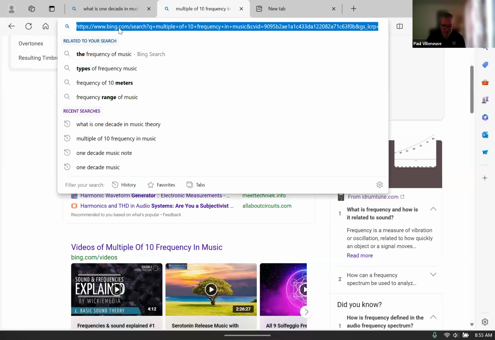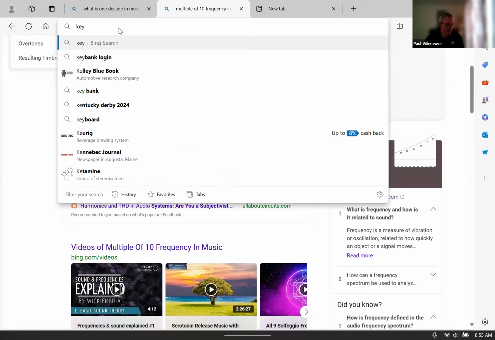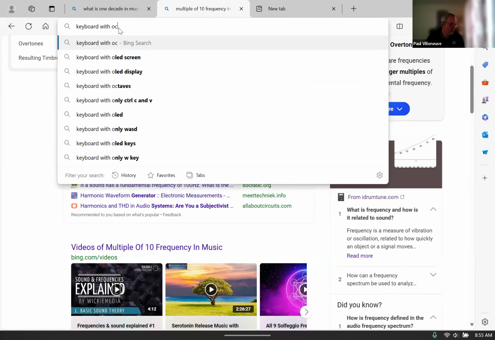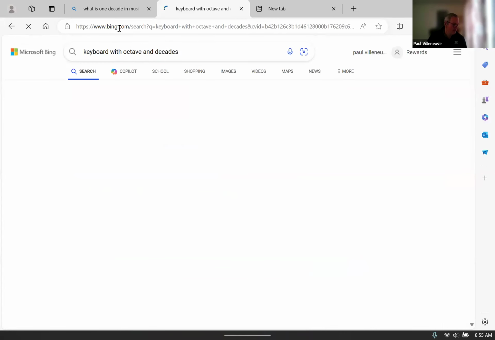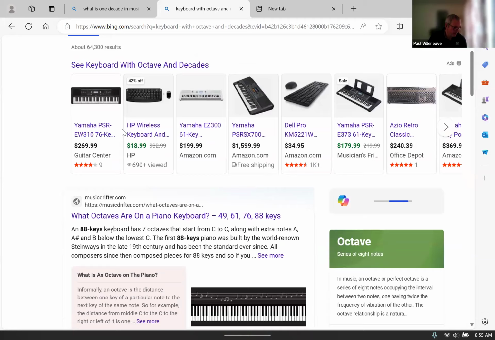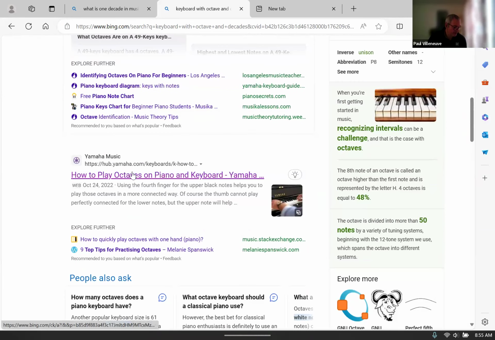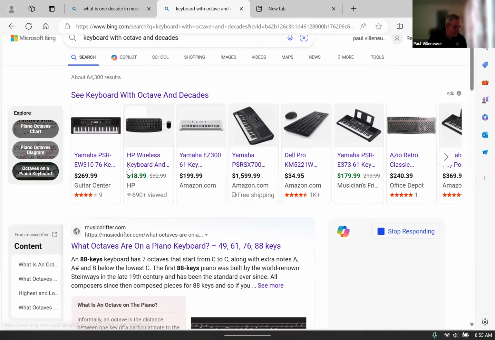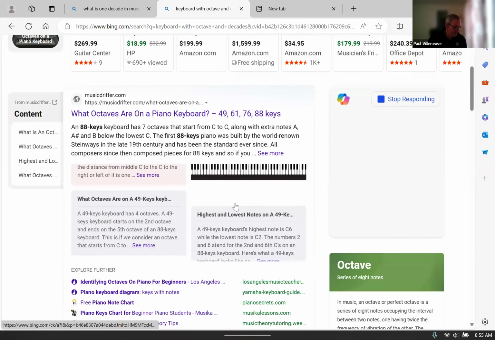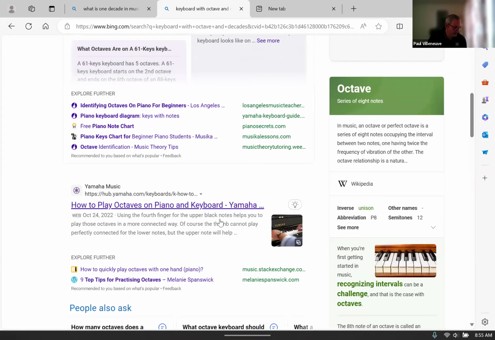Let's see if there's an octave or decade keyboard. Let's see if we can find one. We could play it even. Should have done this previously. I apologize.